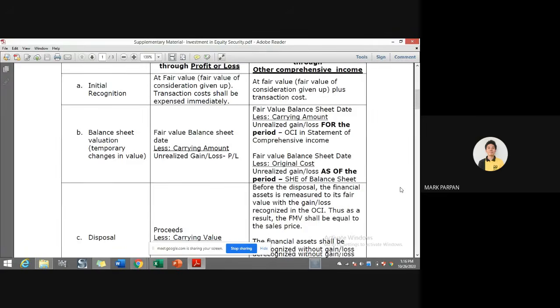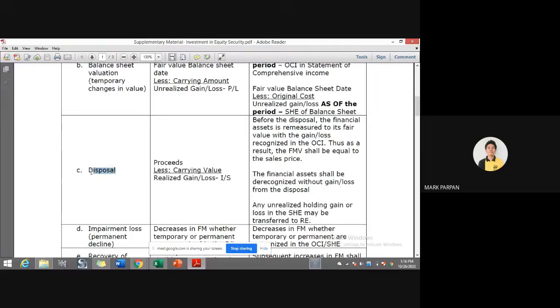For the disposal, or if we sell, for FVTPL you just need to compare the proceeds and the carrying value, and the result will be your realized gain or loss on sale. Okay? The proceeds versus the carrying value, that will be the gain or loss.